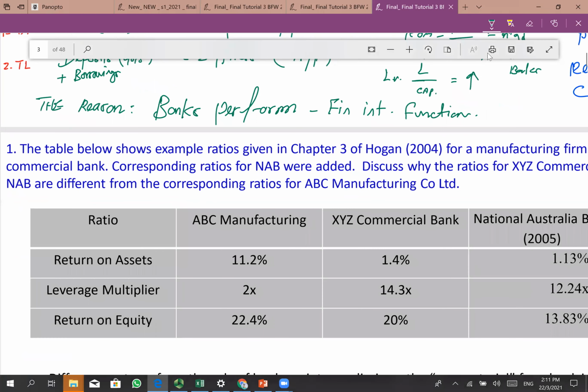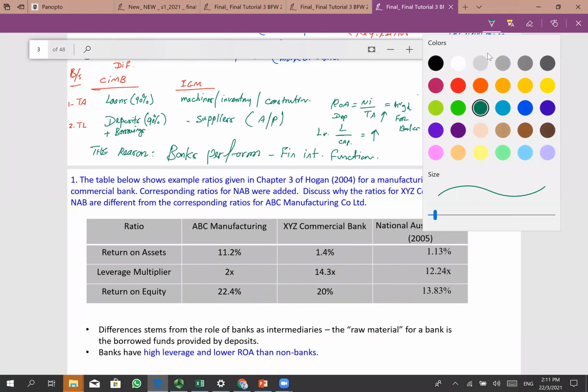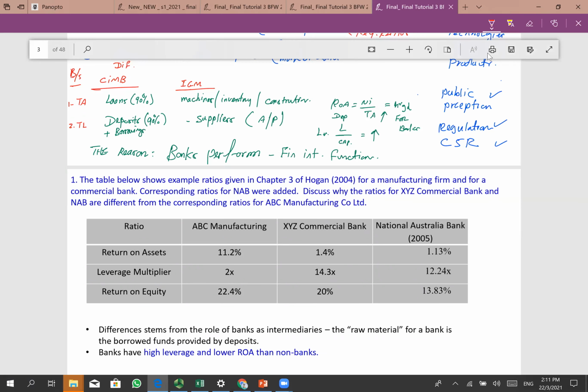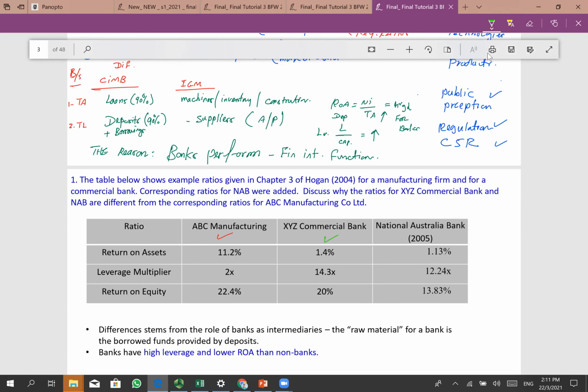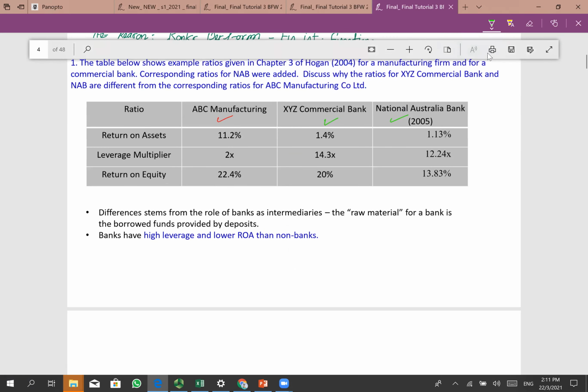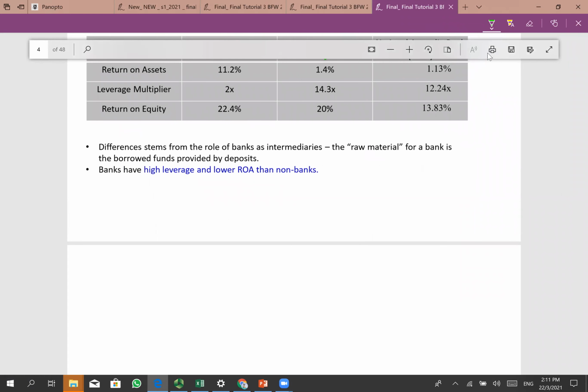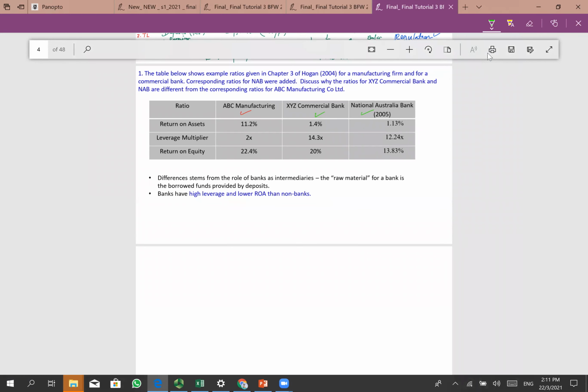Look, this is a company, and this is a bank. Now, when I compare the return on assets, I am taking what we call the ROI model, just the ROI model.